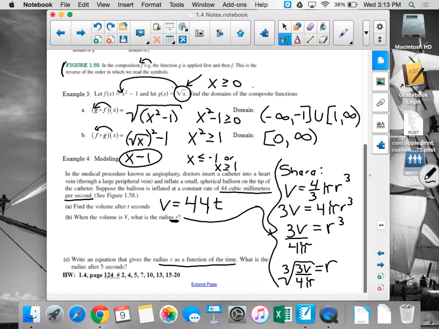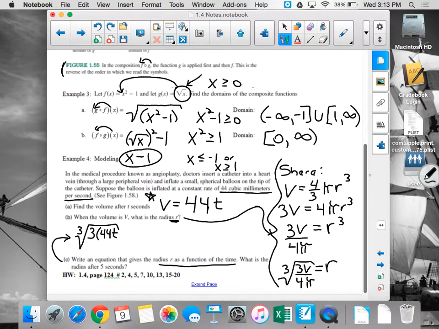Now, I'm going to do this part up here, trying to keep you from getting confused, and I'm going to have the cubed root of 3, but instead of saying V, I'm going to say that is times 44t. Where am I getting that from? Right up here.